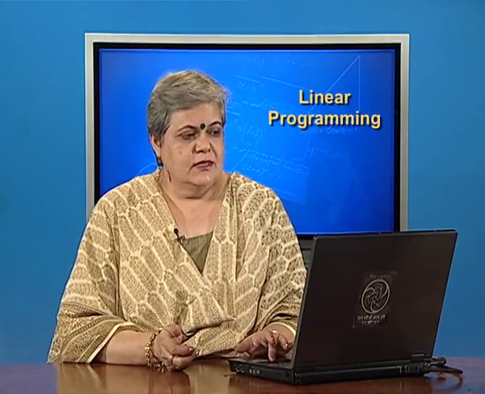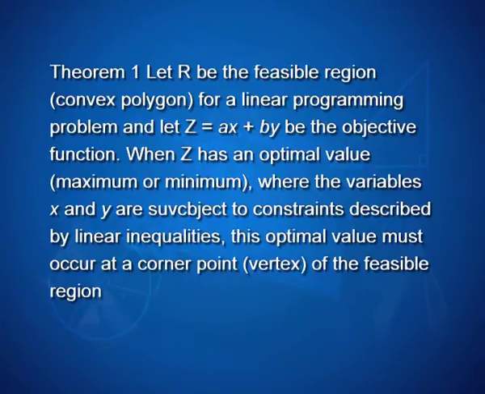Theorem 1 says that if R is a feasible region for a linear programming problem and z = ax + by is the objective function, then z has an optimal value, maximum or minimum, where the variables x and y are subject to constraints described by linear inequalities. This optimal value must occur at a corner point, also known as a vertex, of the feasible region.